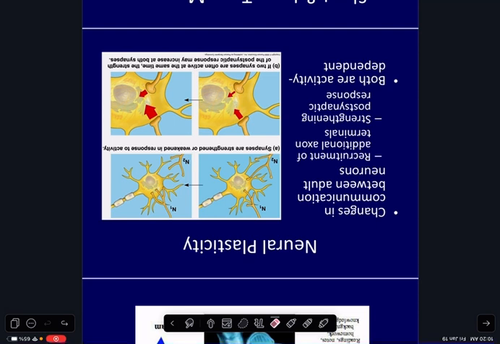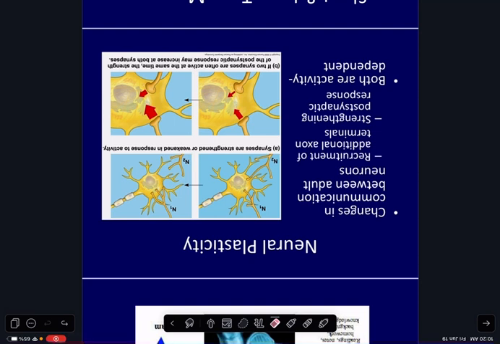But there's not a lot of input coming in from N2, and so eventually this one synapse completely degenerates, disappears, and N2 no longer has a synaptic connection. So by recruiting different or extra synaptic inputs, that's how you create a memory.